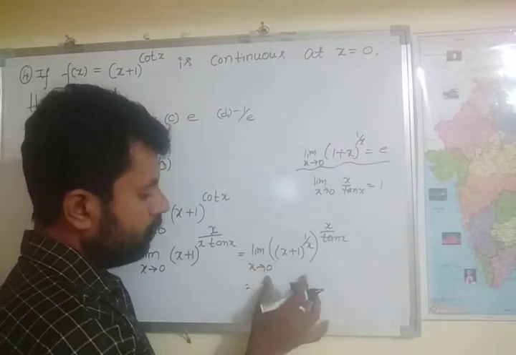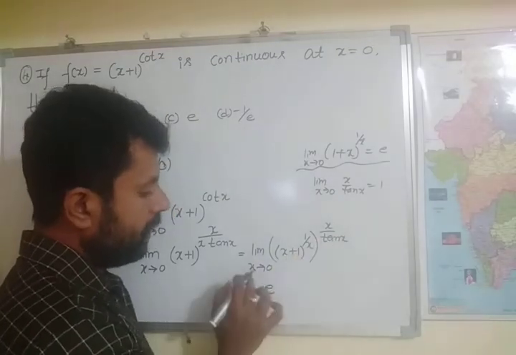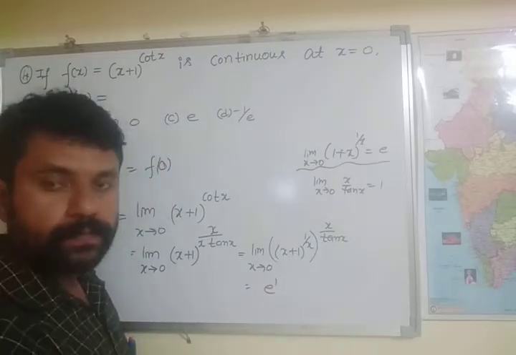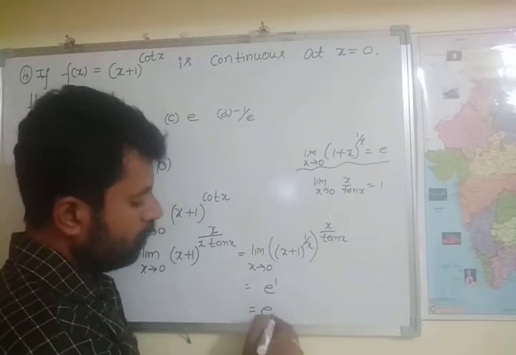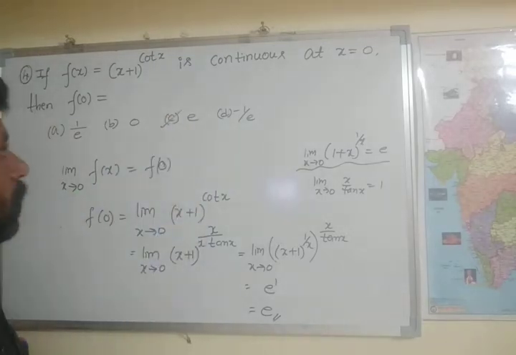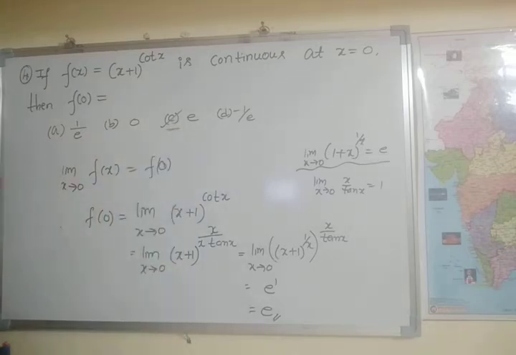Now this result can be written as e. Then limit x approaches 0 of x by tan x, this value is 1. This is equal to e. Option C. See, this is the required option for this result.